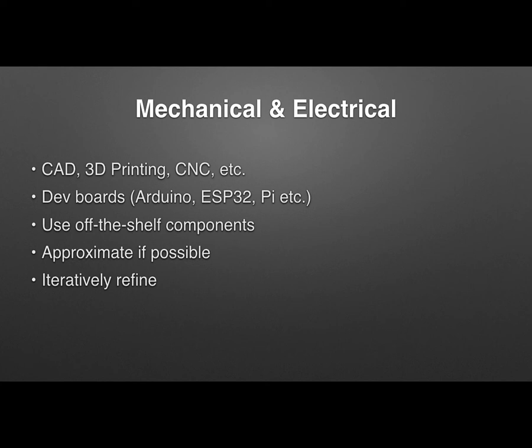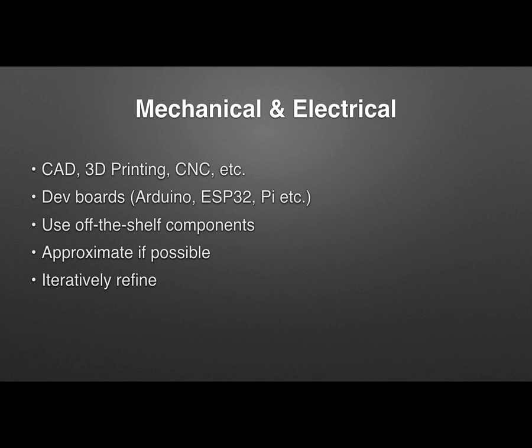In terms of electronics, today we also have the benefit of a lot of really easy to use, off-the-shelf, low-cost development boards, things like an Arduino or a Raspberry Pi. These allow you to do basic electronic things with basic components really easily.